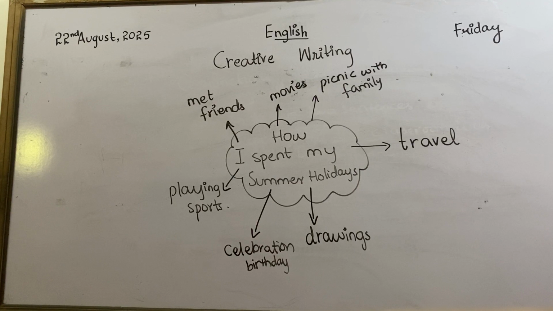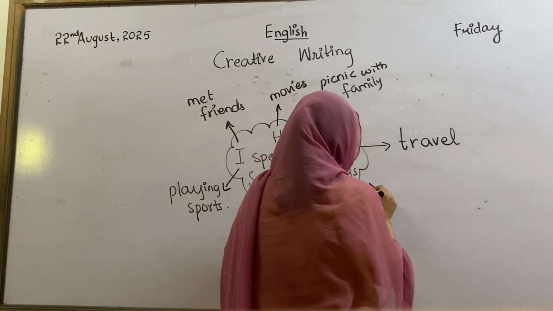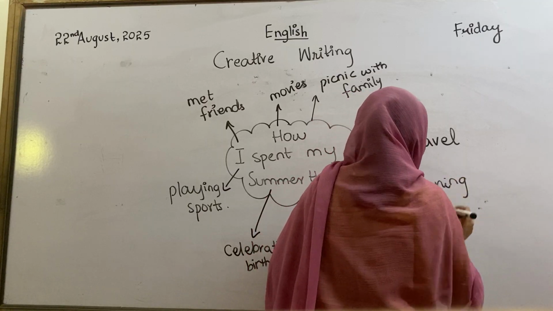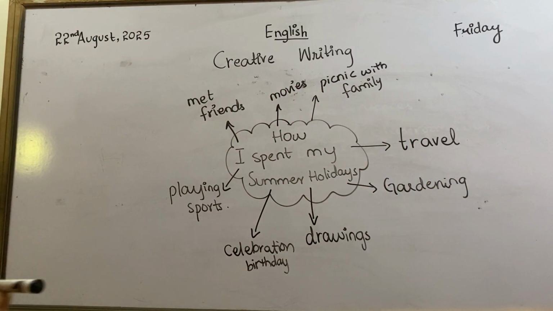Now, who has done something different? Something different like gardening. Because sometimes our parents love to do that. And who has helped your parents or your grandparents in gardening? Now tell me honestly, who has tried to work hard on their reading?